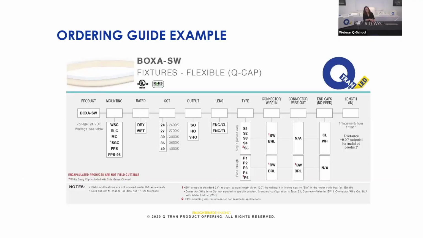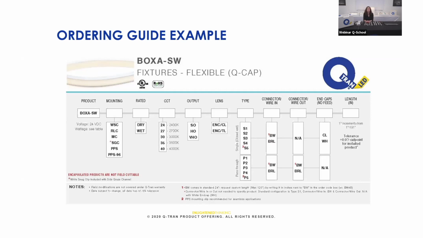Excellent, thank you. CCTs, the outputs that we described, standard, high, and very high, the 1.5, 3, and 5 watt per foot. The lens choices we showed you in the pictures and on the video, encapsulated in clear or translucent. Then we talk about the fixture types, which we'll mention in a few minutes.